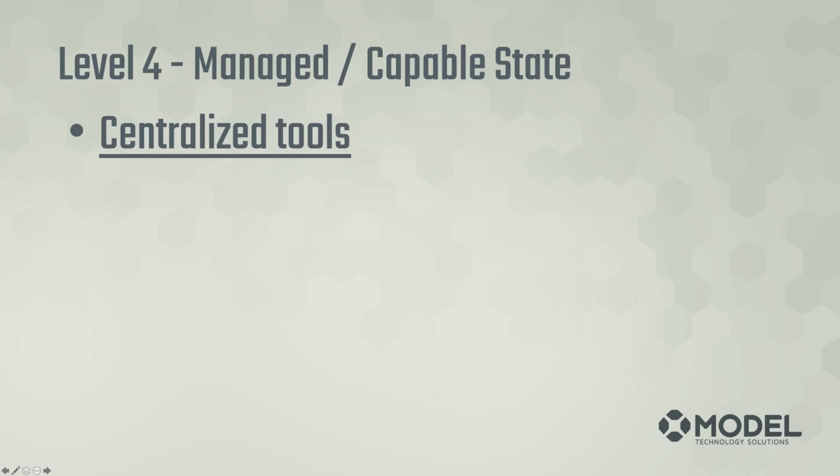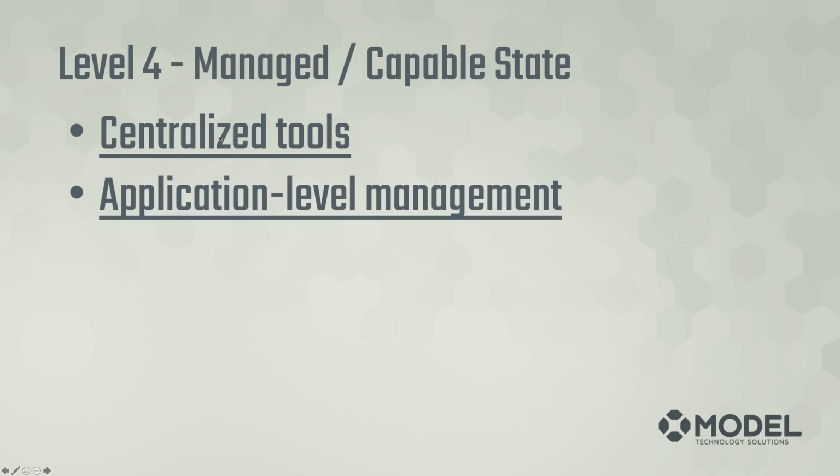We'll talk more about that momentarily. Application level management is deployed and secures access to organizational resources from unmanaged endpoints or behaves differently from unmanaged endpoints. We'll get to what that means.